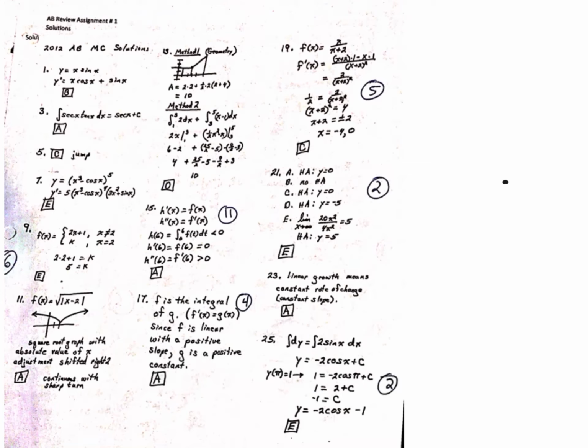The next one that we should get to is probably 15. 11 people asked for help on number 15. I've seen this type of question quite often. This is the one where you're given h of x is an integral of f of t, and then you're basically asked about what's greater than what or what's less than what as far as h prime and h double prime at the value of 6 in this case.